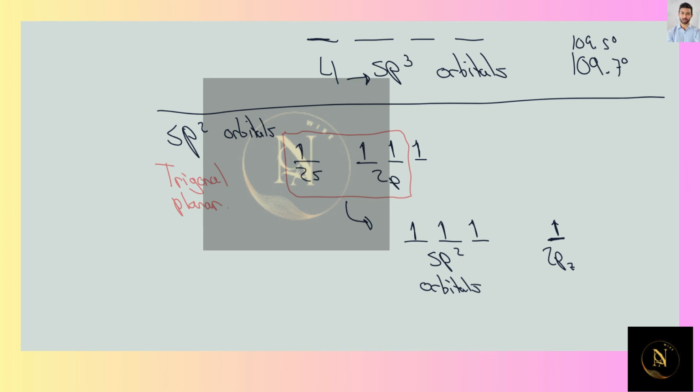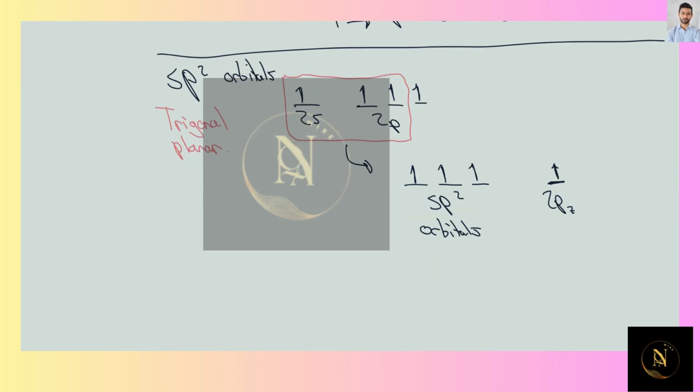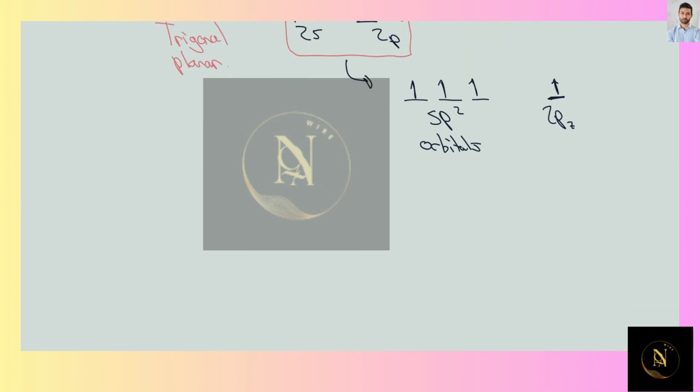Now, what is going to be the shape of these orbitals? Well, in between the two carbon atoms, I'm going to write down the sp2 orbitals in purple, and they're going to be essentially the ones responsible for the sigma bonds that we're going to have under this arrangement.